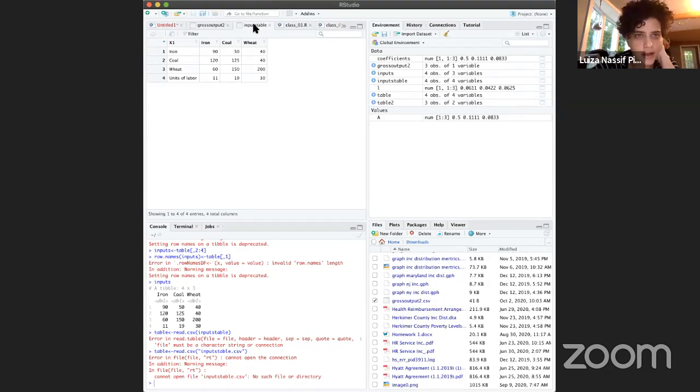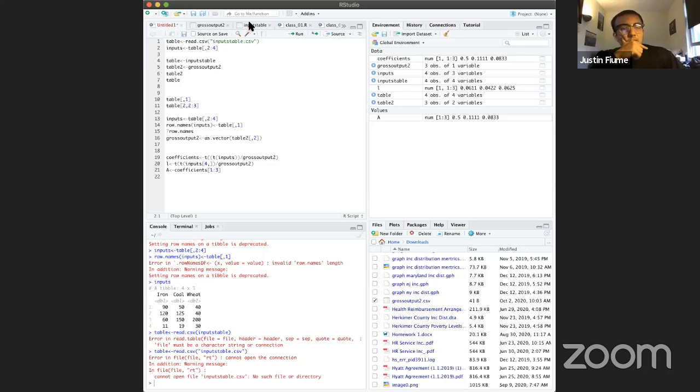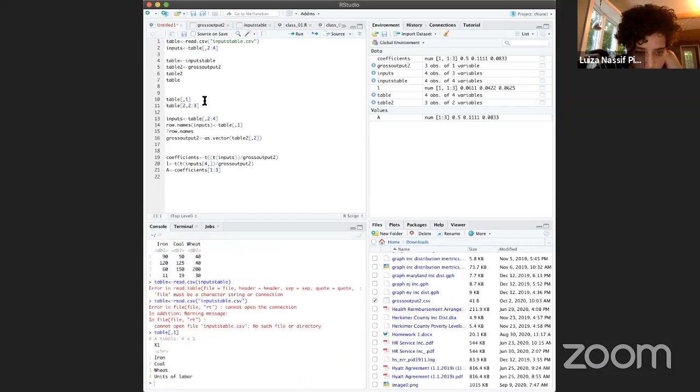Inputs table, go back. What is table? Oh, it's inputs table. Four observations of 4 variables. That's weird. What is your table 1? Line 10, run line 10 for me.